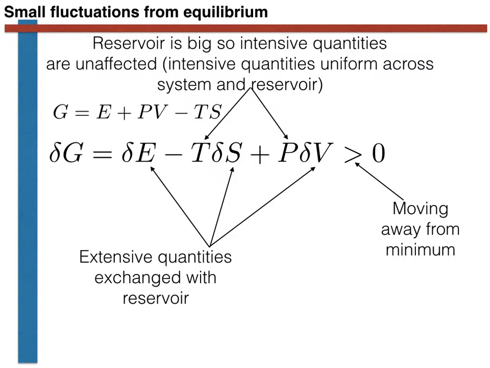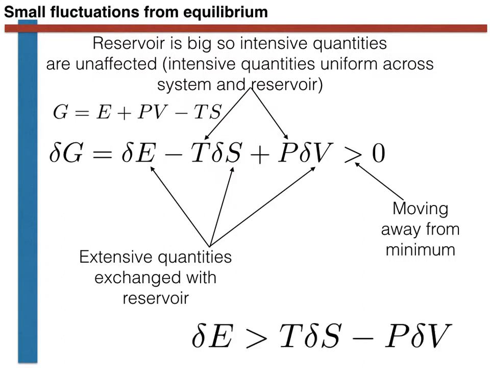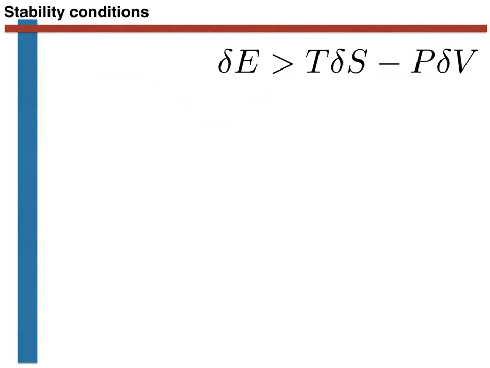We can rewrite this inequality as shown at the bottom of the slide. What is more, we can take this business further by recognizing that we can use the Taylor expansion to write the delta E on the left-hand side of this inequality in a different form, as shown here.